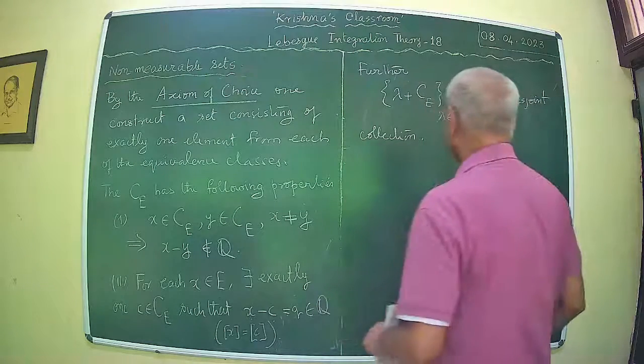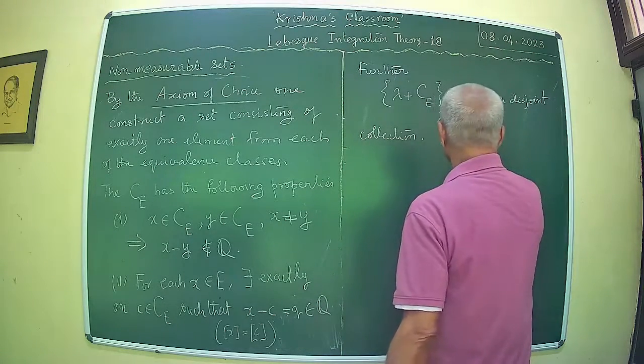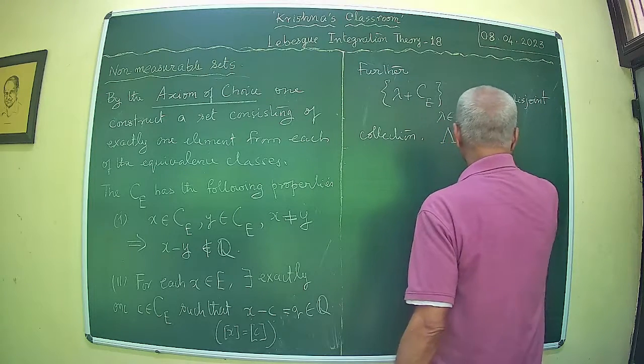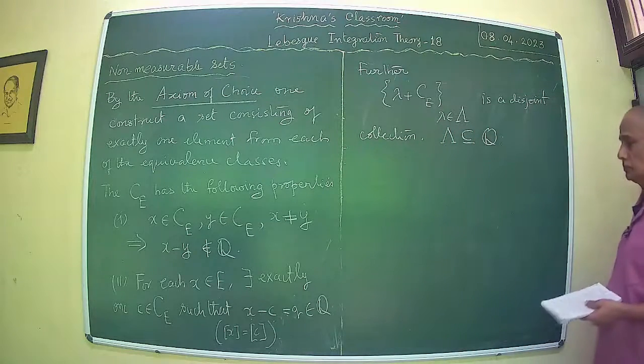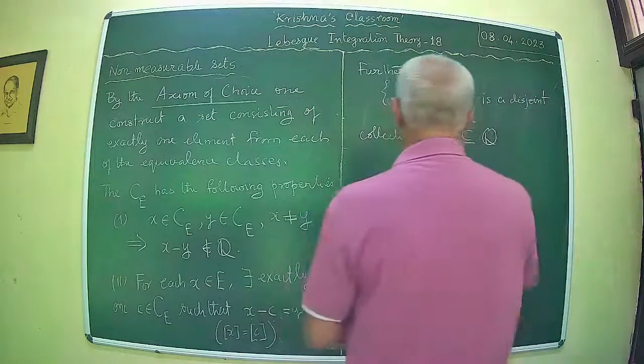So you take say lambda 1, lambda 2. Okay, so let us see this.